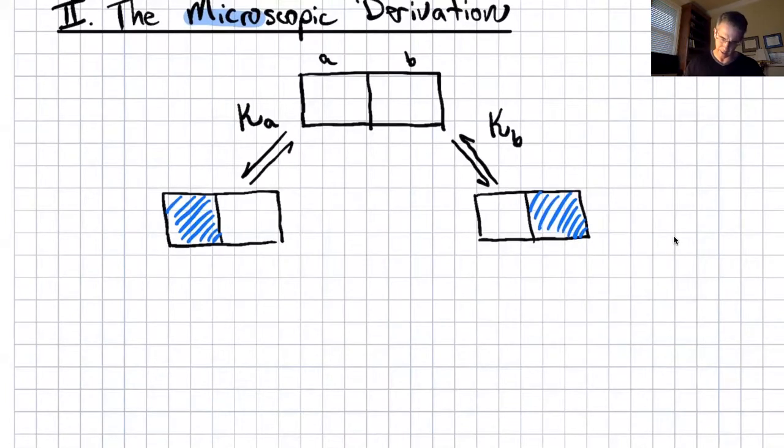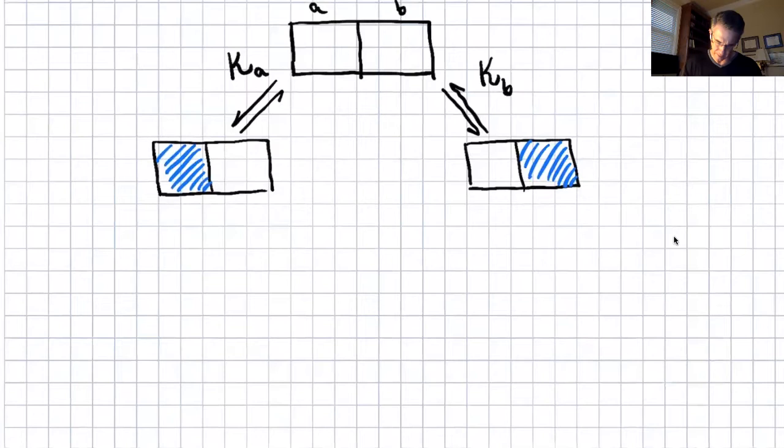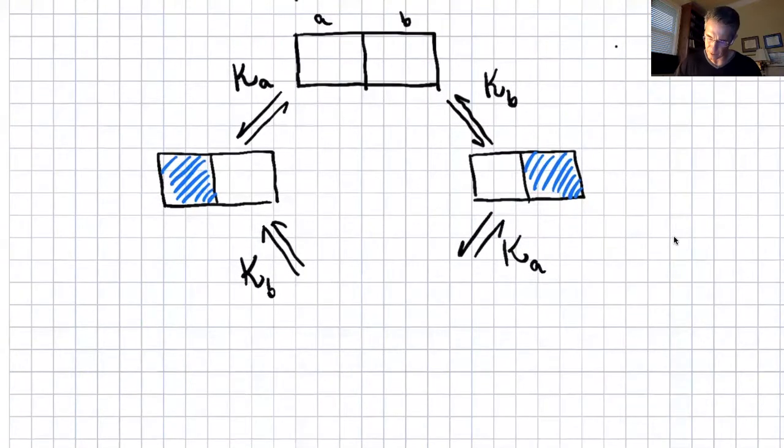We can always bind the ligand to the other site. So this would now be kappa B, and completing the cycle, this would be now kappa A, because again, we're assuming that these dissociation constants don't equal each other.